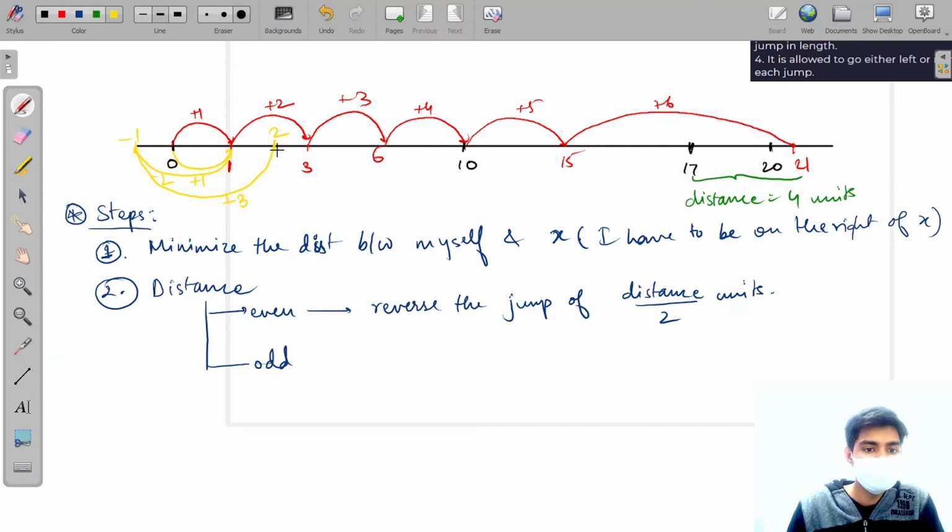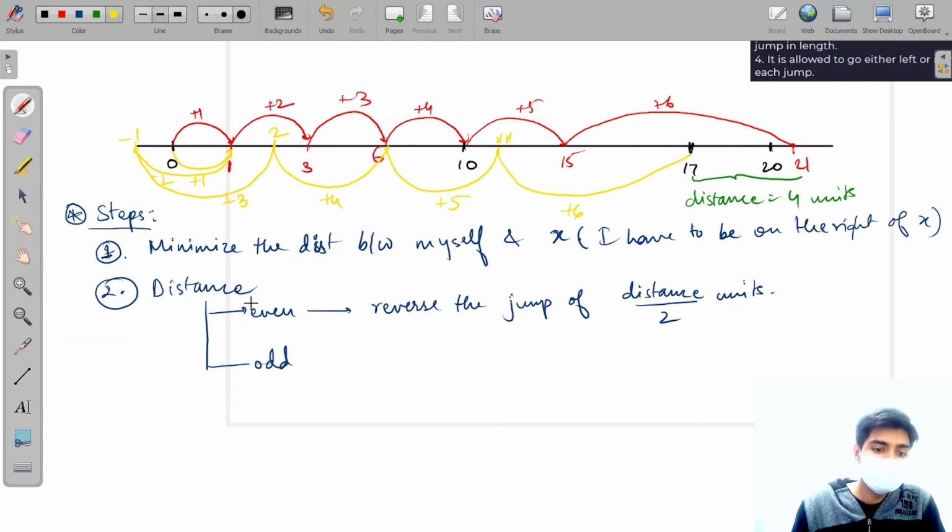Now I'll take a jump of +4, I'll get to 6. Now I'll take a jump of +5, I'll get to 11. Now I'll take a jump of +6, I'll get to 17.